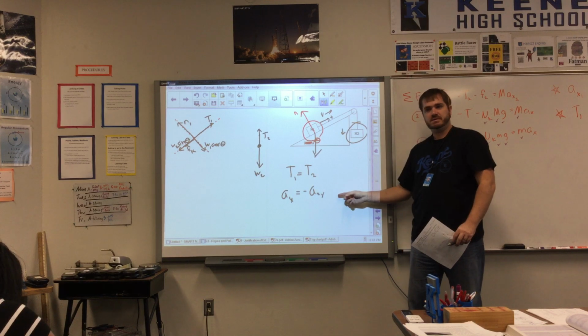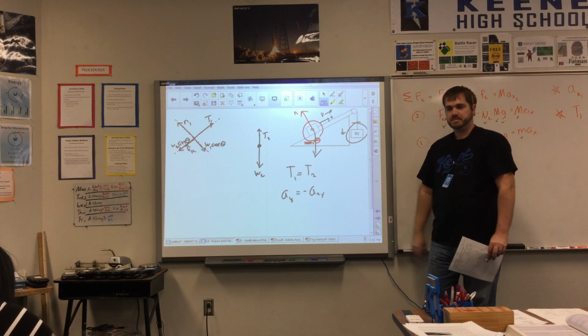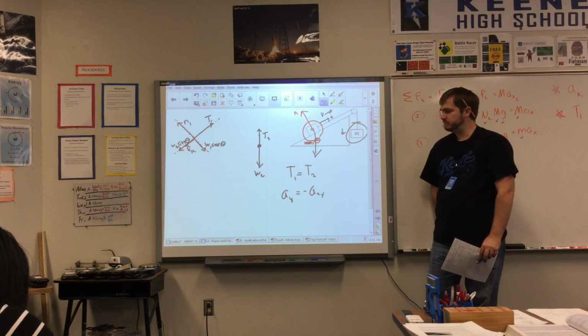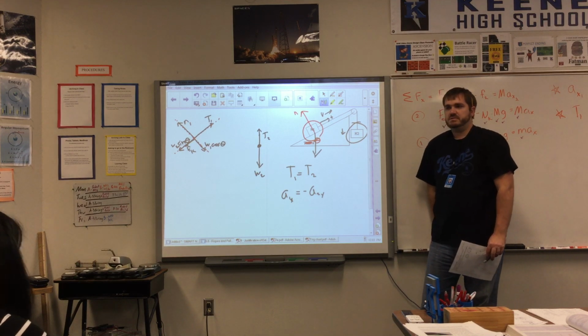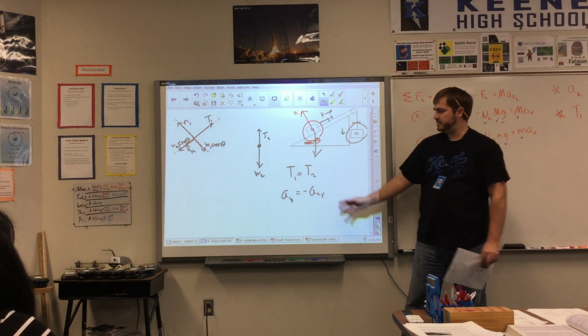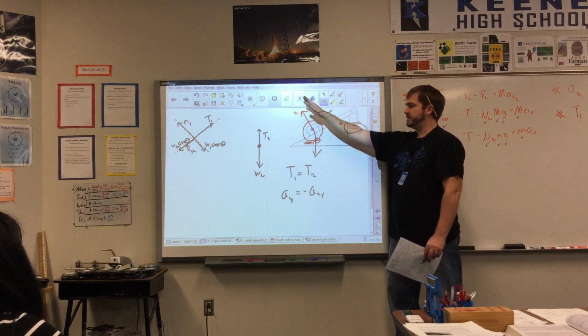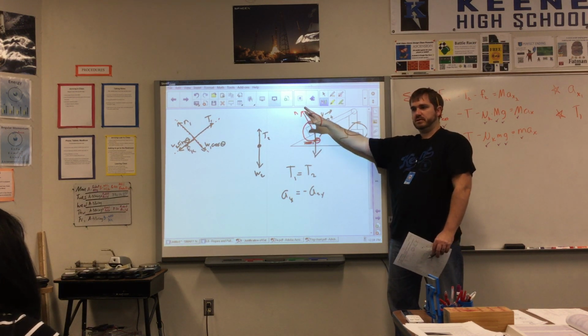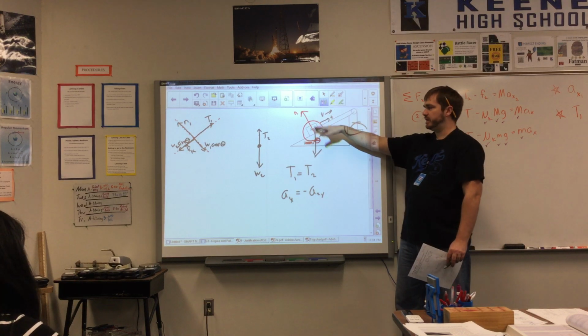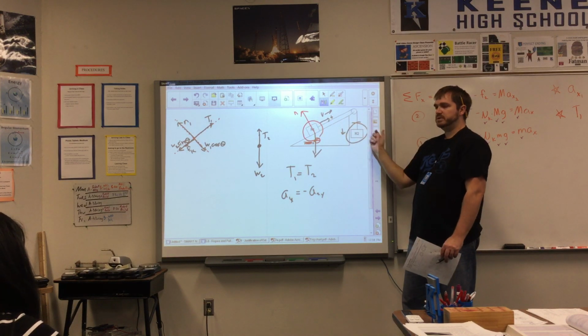Does that make sense? It really doesn't make any difference. This object 1 over here has no acceleration in the y direction, so that normal, who really cares about that? And this guy's not going horizontally.